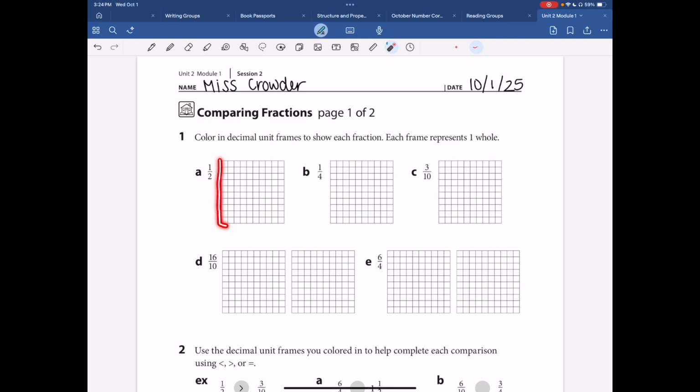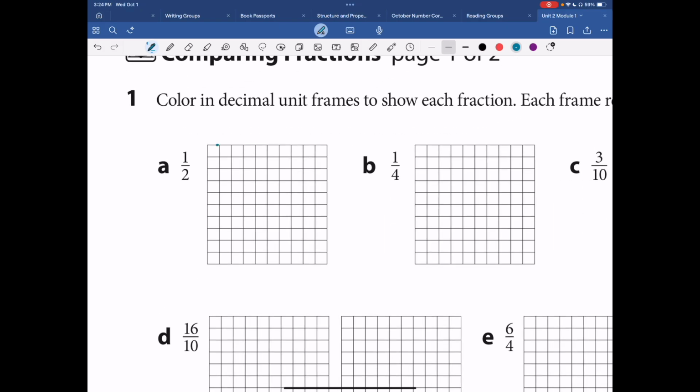So this entire square represents one whole. And you can see that it's split up in certain ways. In class, we talked about how one column represents 1/10 because 10 of these makes up the entire whole. So when I'm talking about 10, talk about these columns.